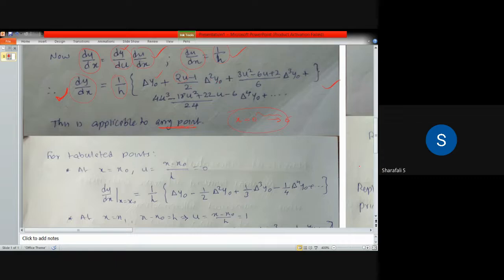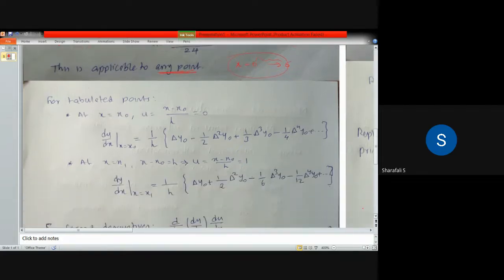This is a little complicated, or rather a lengthy equation. But if you restrict it to the tabulated points, which means the points that are given to you, for example if you are given 0, 1, 2, 3, 4, 5 for x values, and you want to find dy by dx at 2, this is a tabulated point available in your data set.